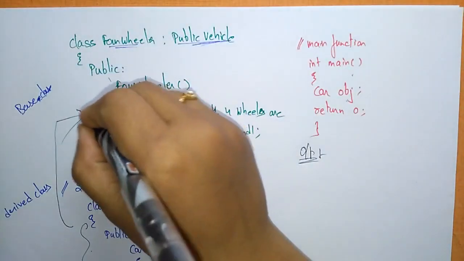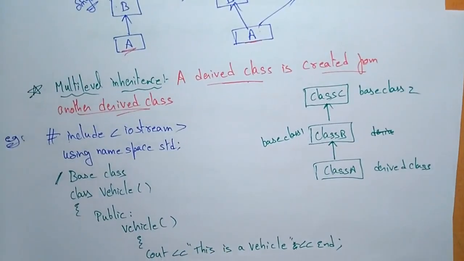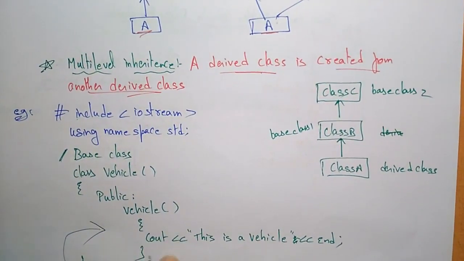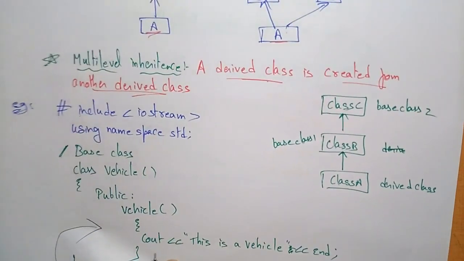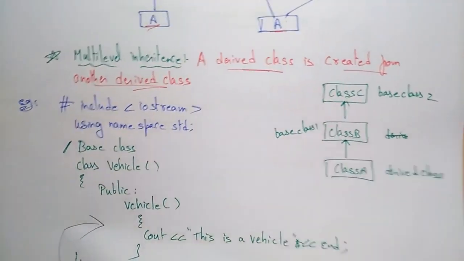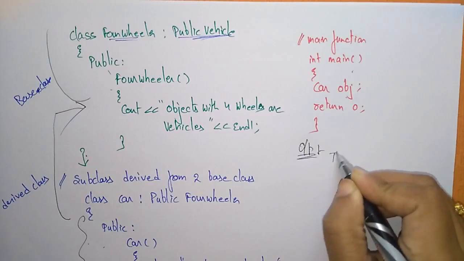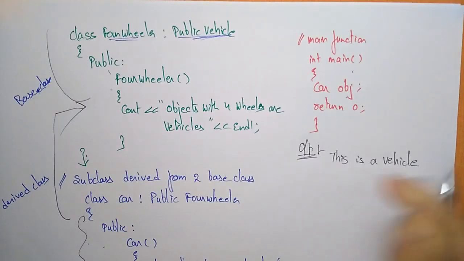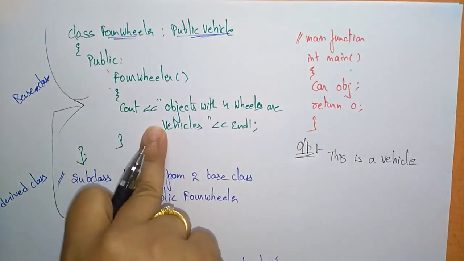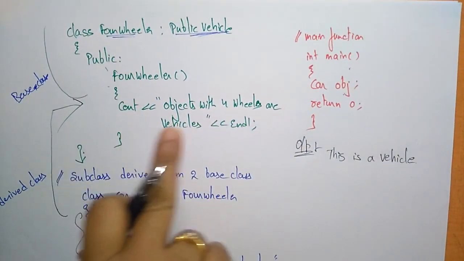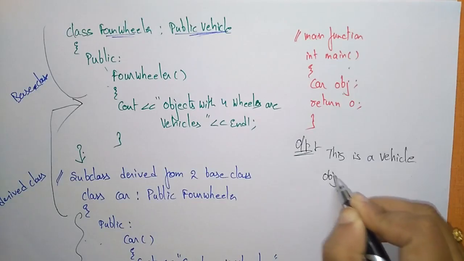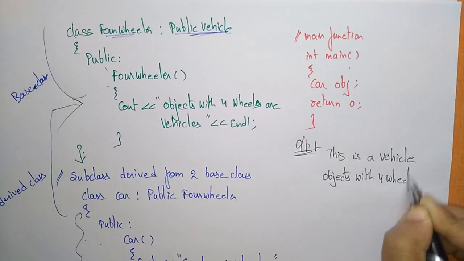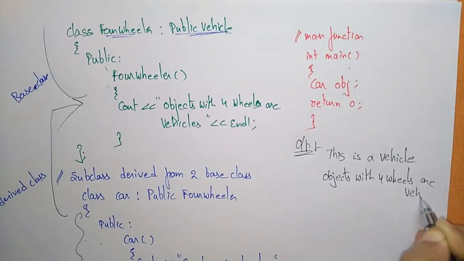So it first enters public vehicle, the base class, and first prints this message: this is a vehicle. After that it comes to this section and prints the next message: objects with four wheels or vehicle.